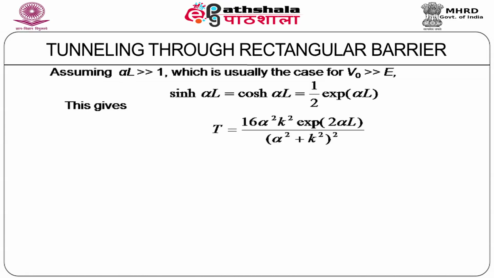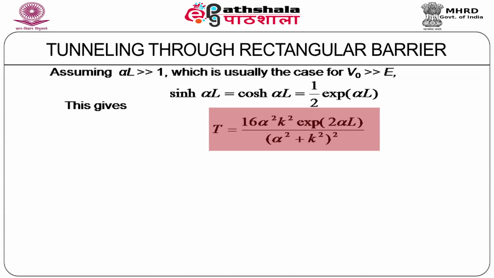Under this approximation, sinh alpha L and cosh alpha L assume simpler forms. The transmission coefficient, or tunneling probability, is given by a simpler formula, which you can see on the screen, that is 16 alpha squared k squared e to the power minus twice alpha L divided by (alpha squared plus k squared) whole squared.